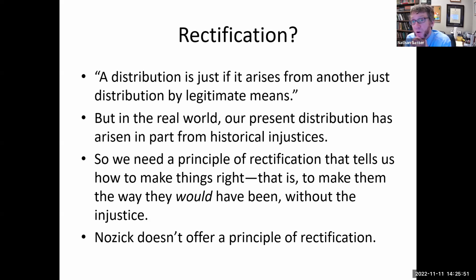A lot of the distribution of wealth that we see is a result of somebody sometime, somewhere back down the line, maybe not even anyone living, but people cheating each other, stealing from each other, enslaving each other. Okay, so we need a principle of rectification that tells us, how do we make that right? That is, how do we make things the way they would have been without that injustice? What is that principle? Nozick doesn't tell it to us. What do you think it should be?